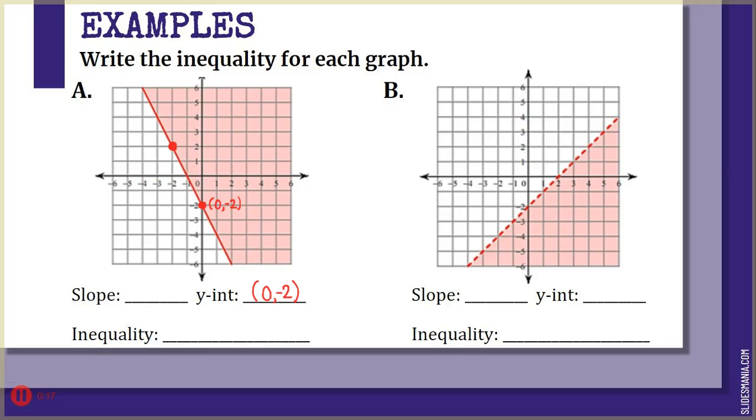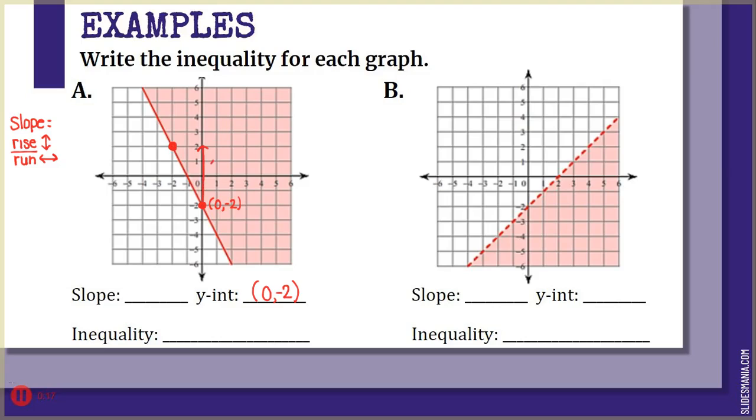And remember, to find our slope, we always want to count our rise over our run. So when we're finding our slope, we're counting our rise over run. How do we move up and down compared to how we move left and right? So if I start with my y-intercept, I would have to go up 1, 2, 3, 4 units.